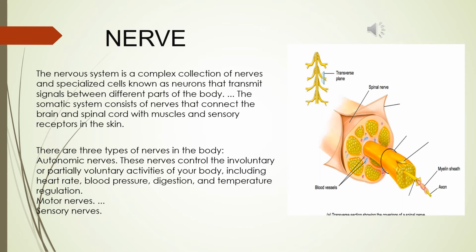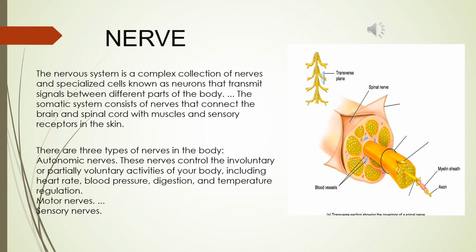There are three types of nerves in the body. Autonomic nerves. These nerves control the involuntary or partially voluntary activities of your body, including heart rate, blood pressure, digestion and temperature regulation. Second one is motor nerve and third one is sensory nerve.